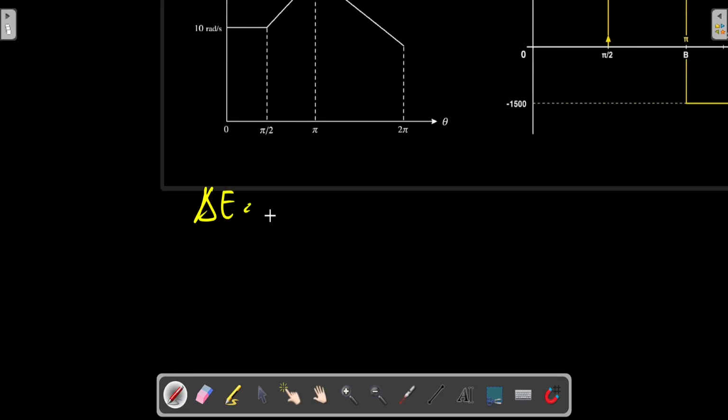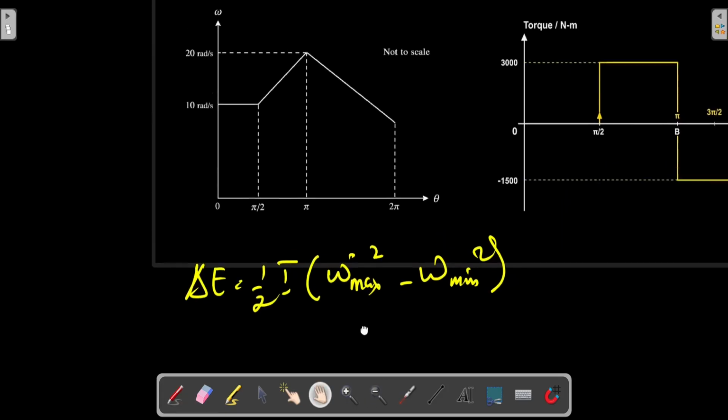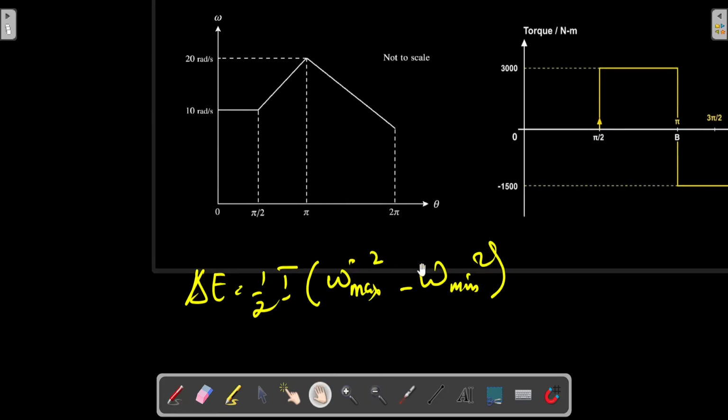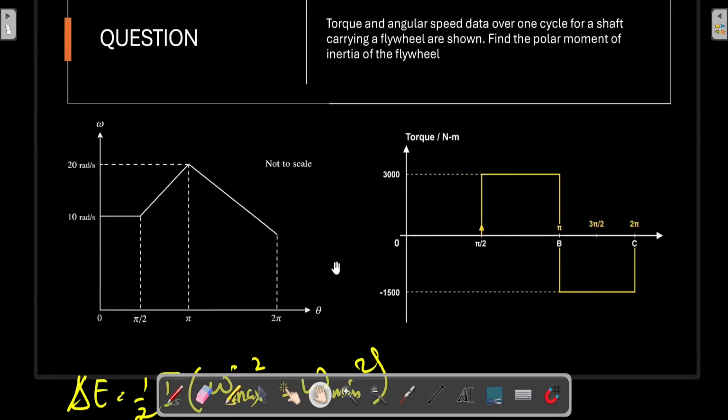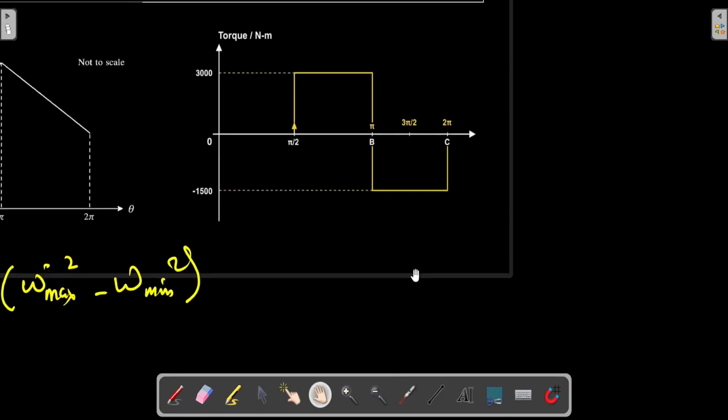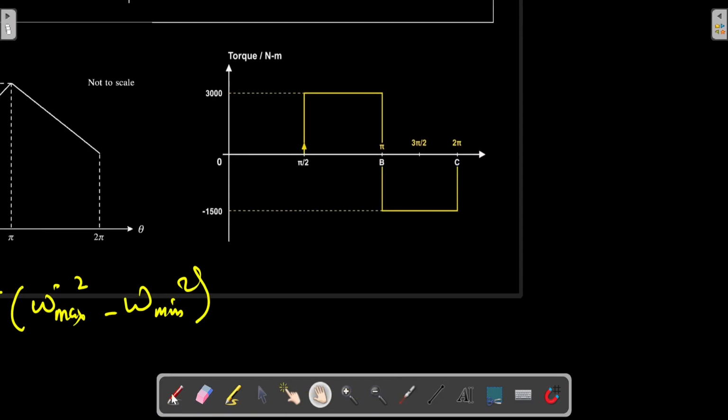If you remember, half I, open bracket, omega max squared minus omega min squared. Since we have omega max and min, we can use this relation. We just need to find the energy fluctuation, and that can be found from this graph. Now, let us find it.